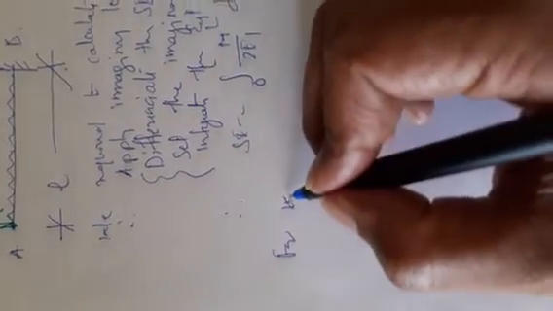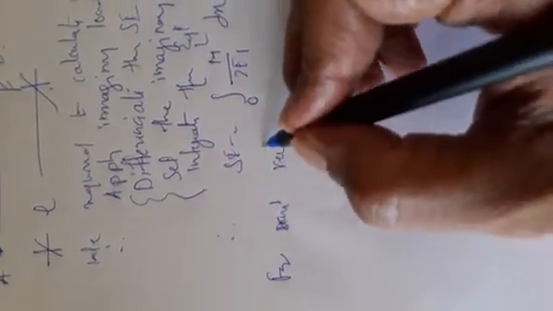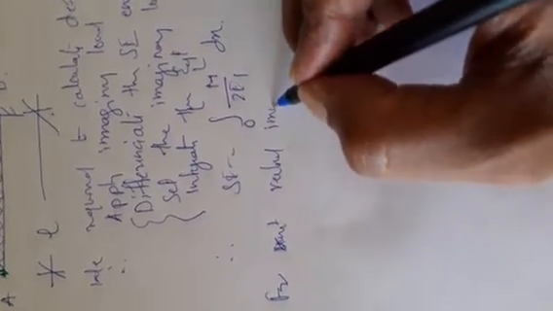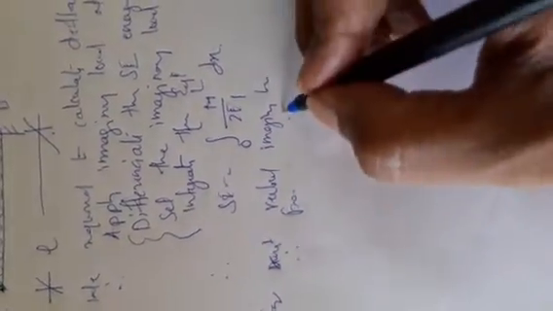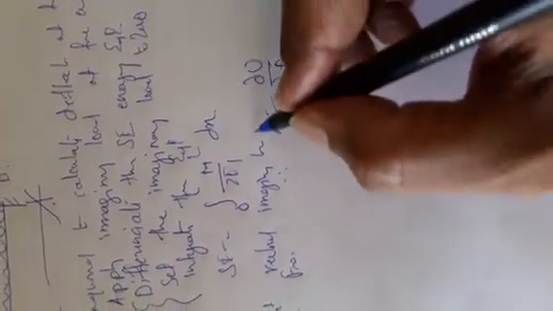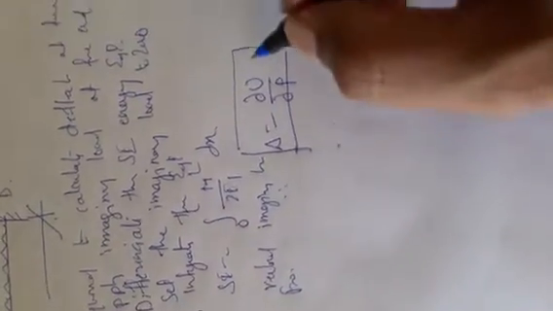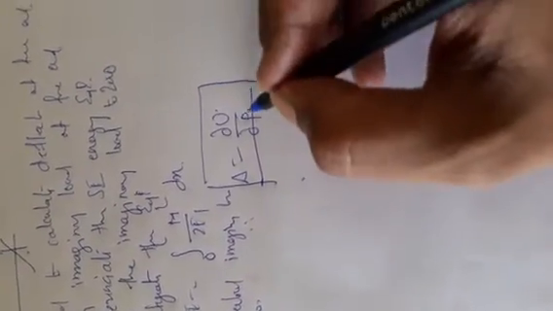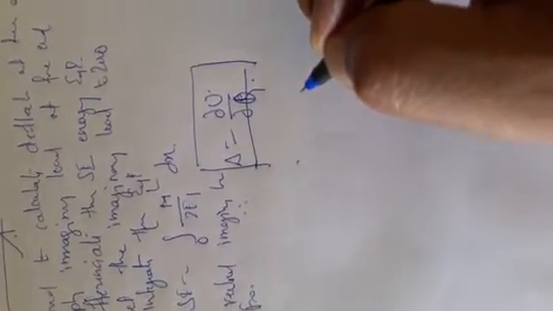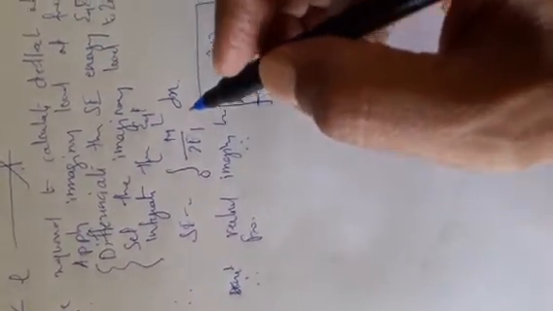For a unit vertical imaginary load, from Castigliano's theorem we have delta is equal to dou U by dou P, partial differentiation of strain energy with respect to load. Here I have taken the load as Q. So dou U by dou Q, and strain energy I am having the equation M square by 2 EI dx.